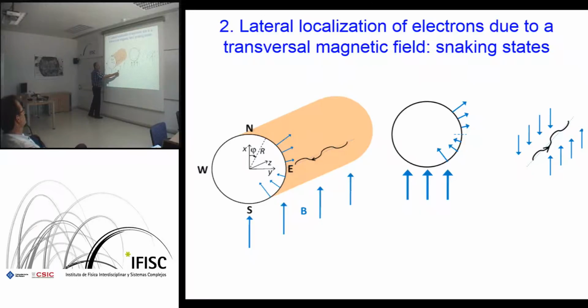If we have a magnetic field which is perpendicular to the nanowire, then we know very well that the electrons are going to rotate due to the Lorentz force. So if you have a magnetic field perpendicular to a plane, and the electrons are situated in the plane, then they will rotate. But the Lorentz force is determined by the magnetic field component perpendicular to the plane.